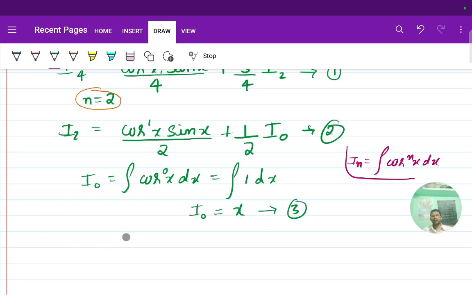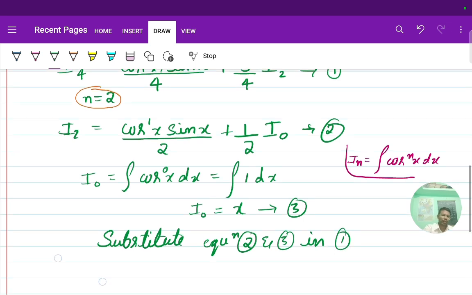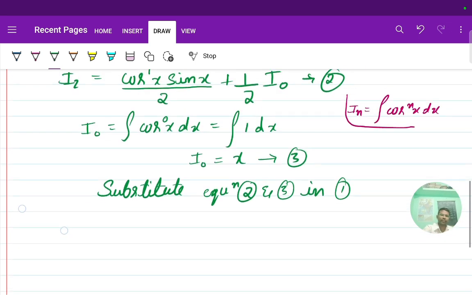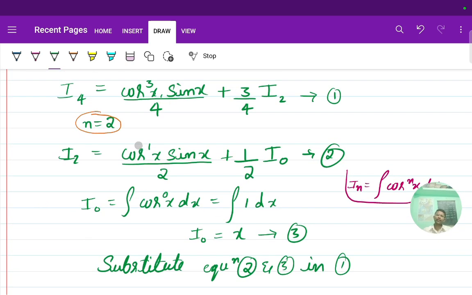Next, substitute equation 2 and 3 in equation 1. What is equation 1? Equation 1 is this: I4 is equals to cos cube x into sin x divided by 4 plus 3 by 4 I2.